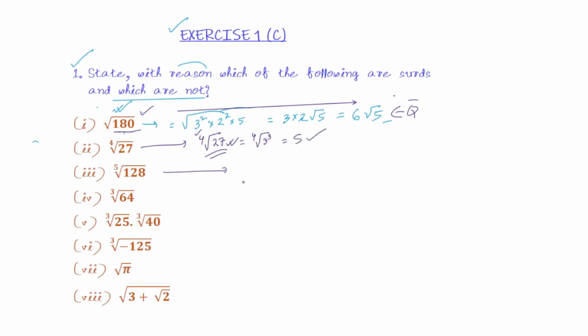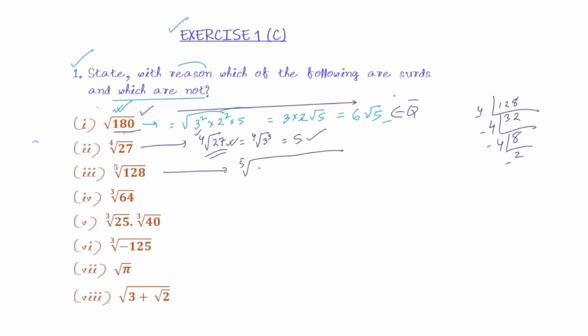Fifth root of 128. You can find this value 128. 4 3s are 12, 4 2s are 8, 4 8s are 32, 4 2s are 8. So there are 7 2s.